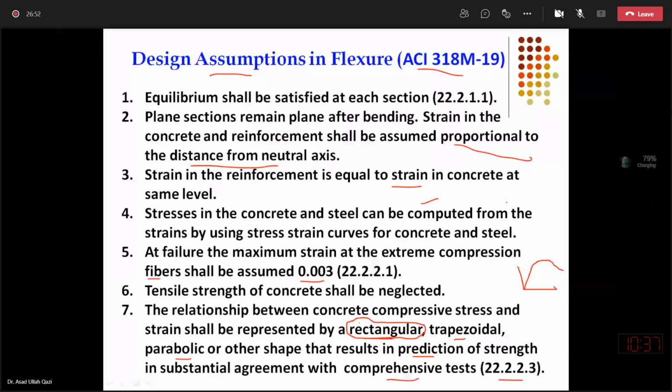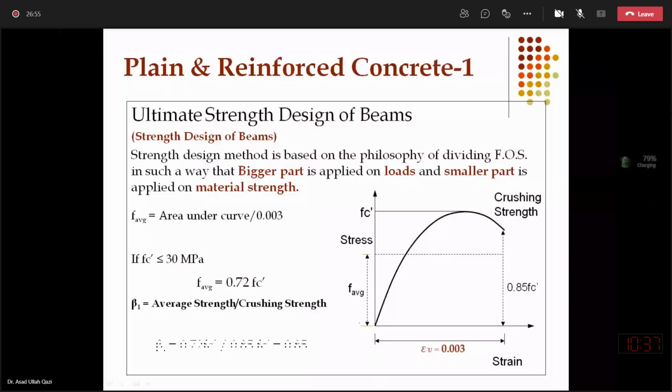Before I discuss this uniform stress or rectangular stress block, let's again discuss the stress strain curve of concrete. This is the peak strength. We also call it the compression strength of concrete. Corresponding to this, there will be some strain. Normal concretes may have a strain around 0.002 to 0.0025 corresponding to the peak of the stress strain curve.